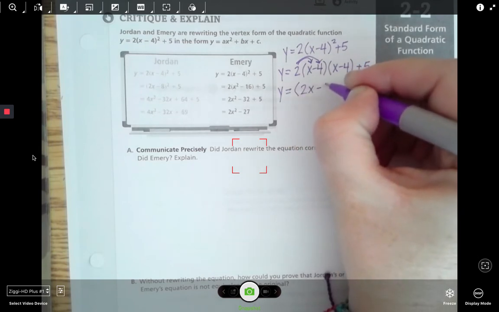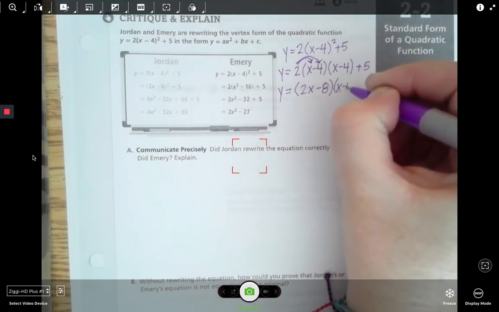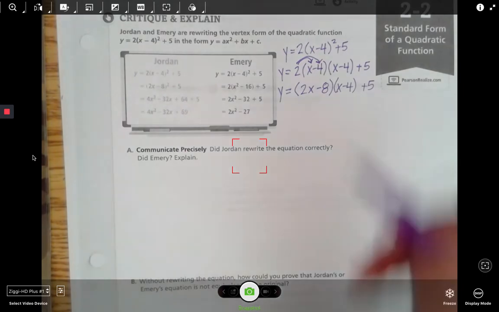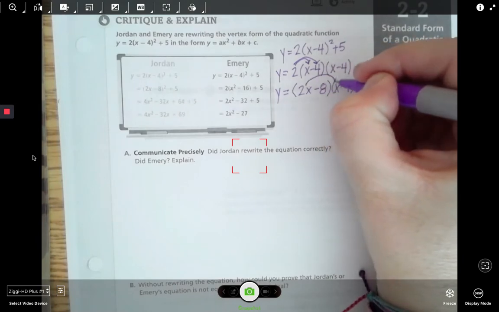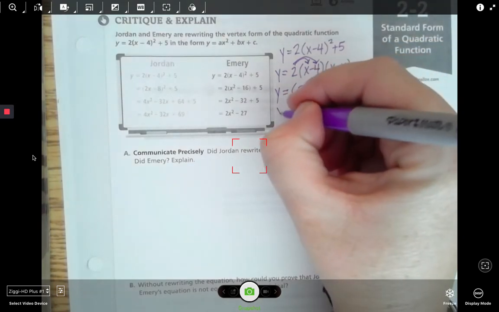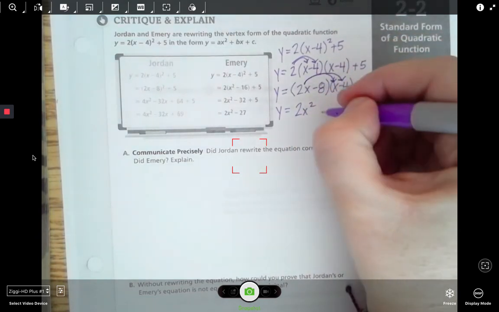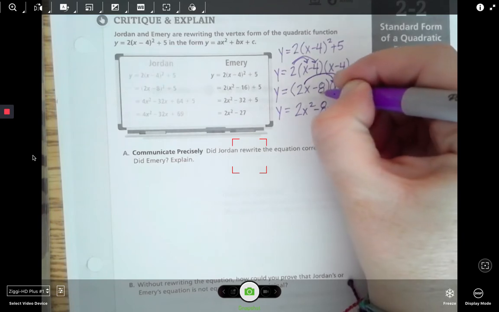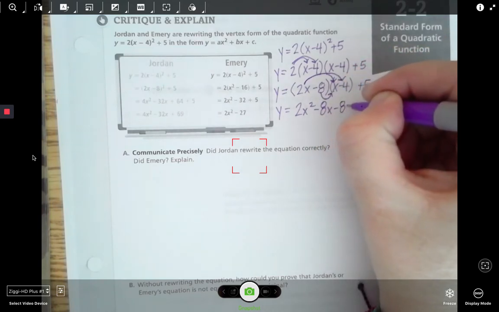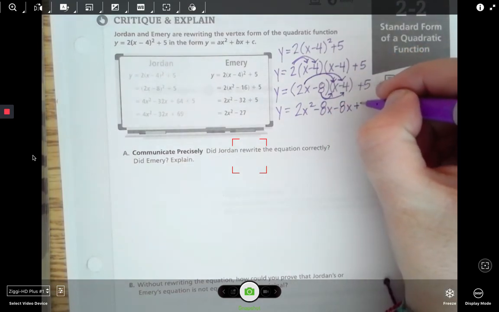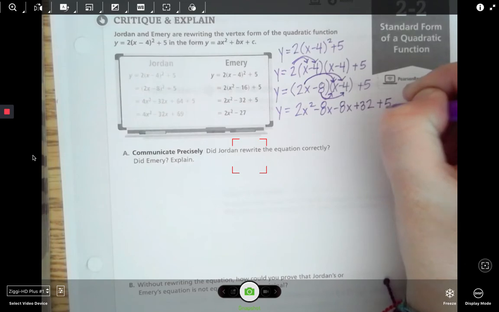But I've got 2x minus 8 times x minus 4 plus 5. Now we can distribute. 2x times x is 2x squared. 2x times negative 4 is a negative 8x. Negative 8 times x is negative 8x. And negative 8 times negative 4 is a positive 32, and we bring down our plus 5.